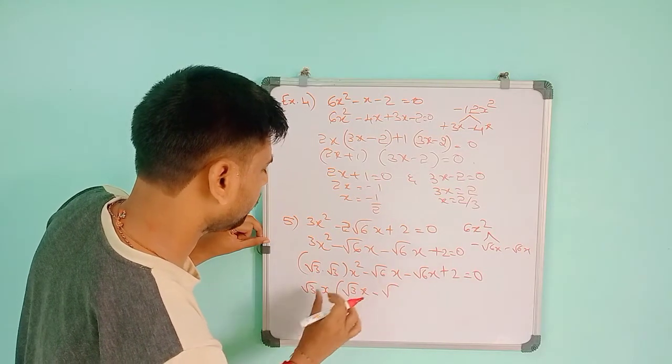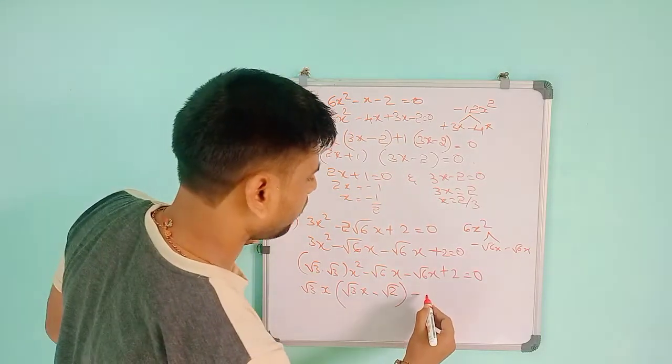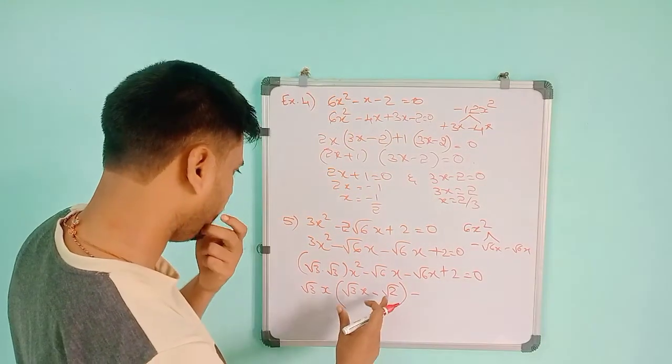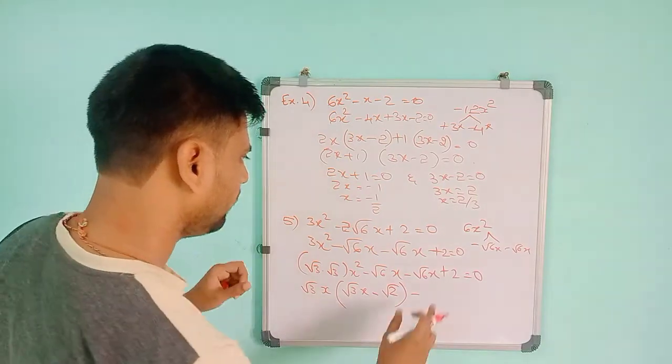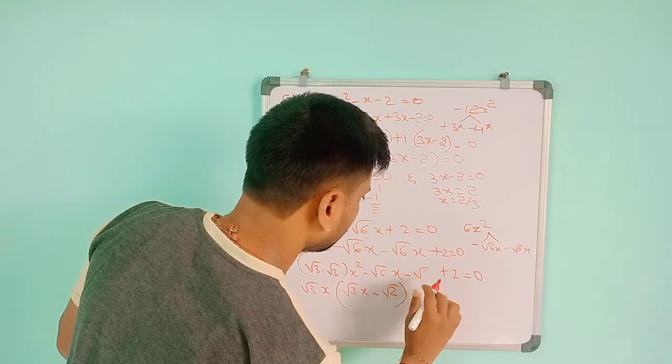So x root 3 common if you take, the remaining is root 3 x minus root 3 is already present. So to make root 6 you have to multiply by root 2. Then root 3 x minus root 2, and this also in root 3 you can take root 3 into root 3.